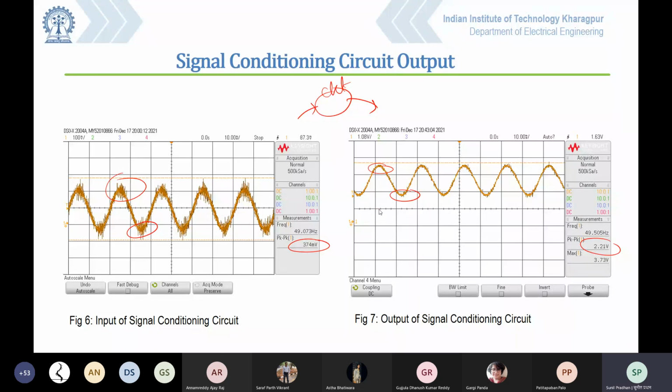Any doubts till this slide? Sir, please show the signal conditioning circuit once again. You want to see that circuit or that PCB? No, that circuit. That circuit I have not included in my PPT.